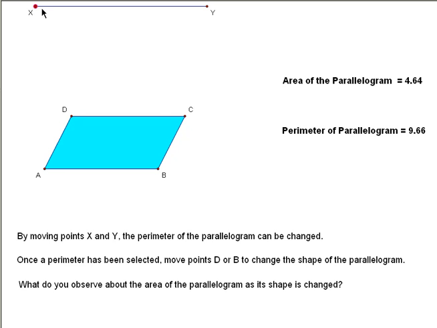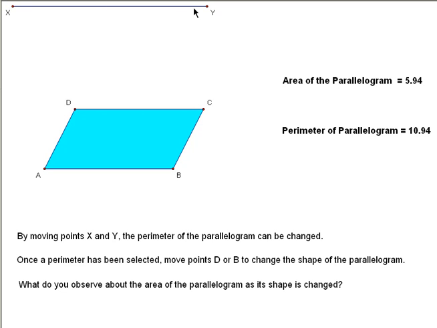Now notice in the software, the length of XY is linked to the perimeter of the parallelogram. So as we adjust the length of XY, we're also adjusting the perimeter and the area of the parallelogram.